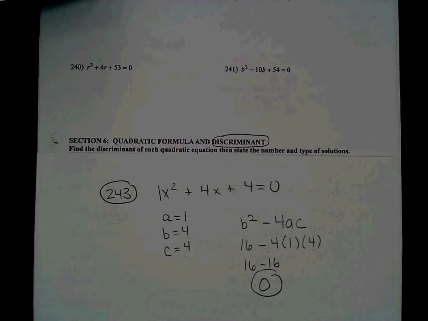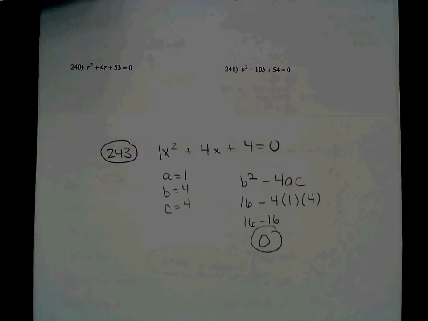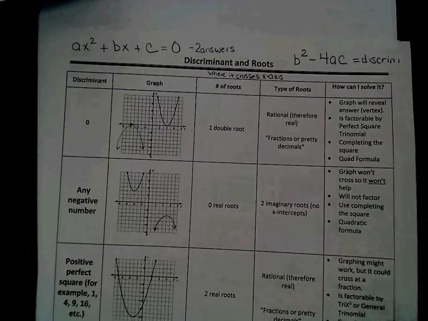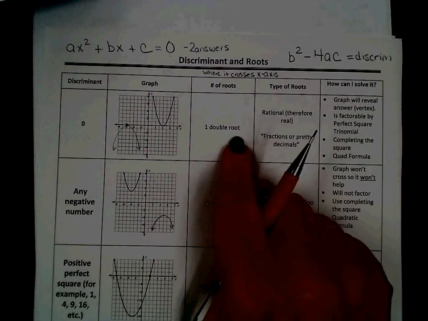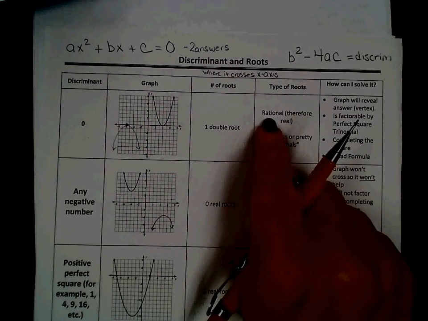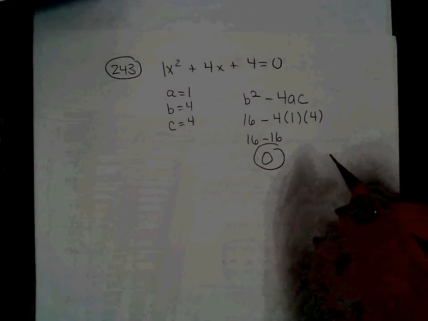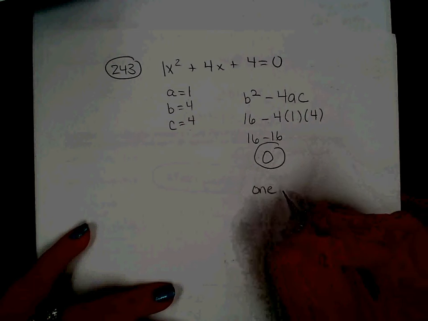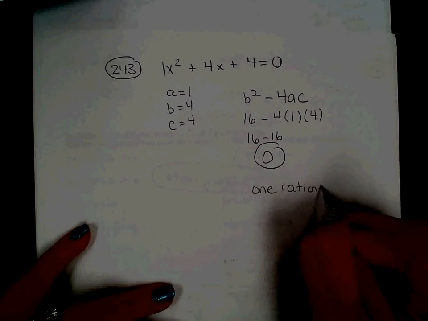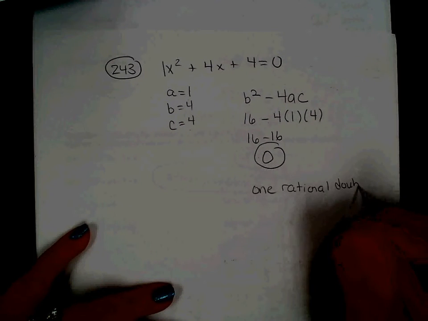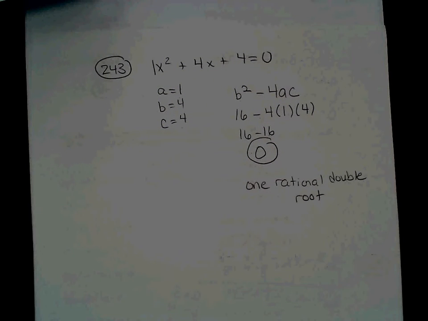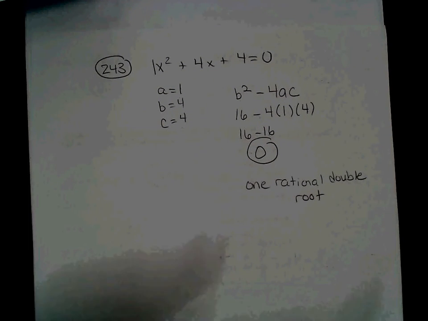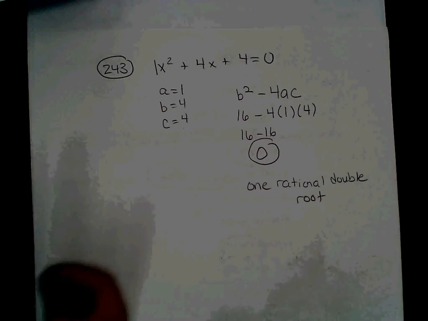Okay. So what type of roots and number of roots am I going to have? If it's 0, I have one double root that is rational. So I am going to have one rational double root. Now, my software doesn't put the word double in there, but when you do them on your paper, I want you to put the word double to remind yourself that there's always two answers.